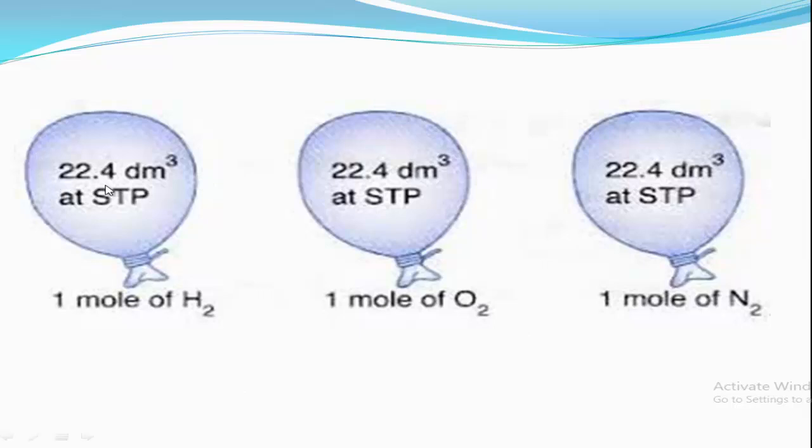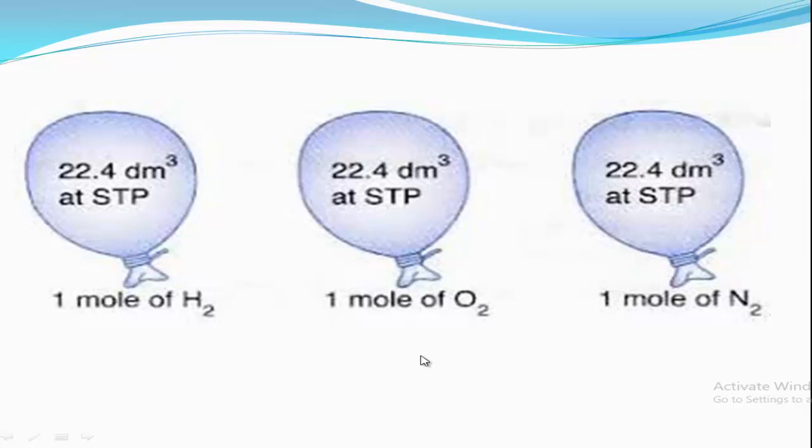So 22.4 decimeter cube equals 22.4 liter. So you can see here 1 mole of different gases occupies the same volume, and that is 22.4 liter at standard temperature and pressure, that is at 0 degree centigrade temperature and 1 atmospheric pressure.